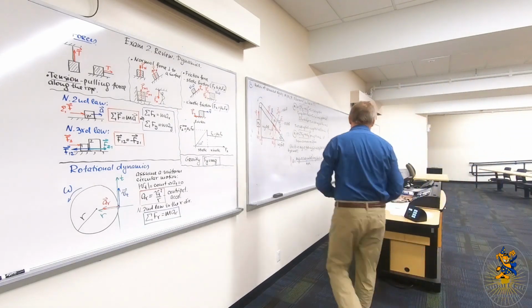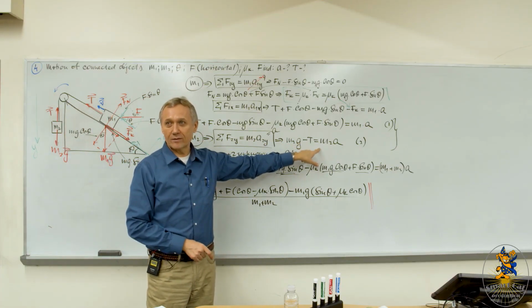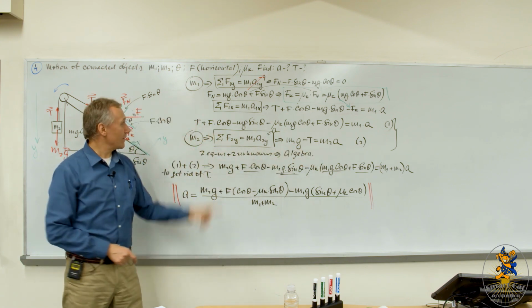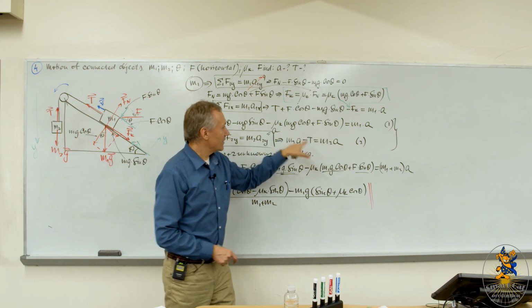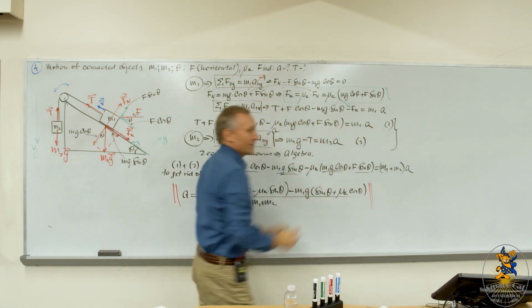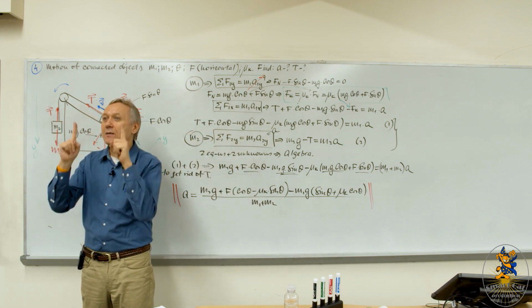T, what did I do? You see what I wrote? I added this equation and that equation. Added left-hand side of the equation, this plus this, and this plus that. It's legitimate. What essentially I'm doing, I skip one step.